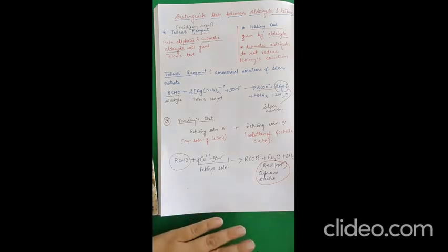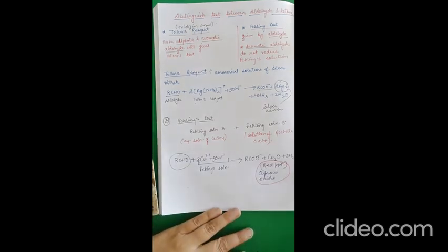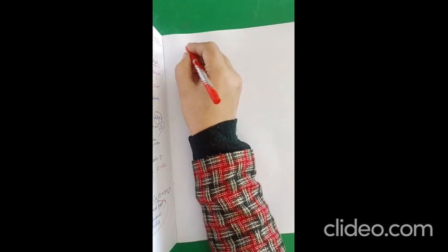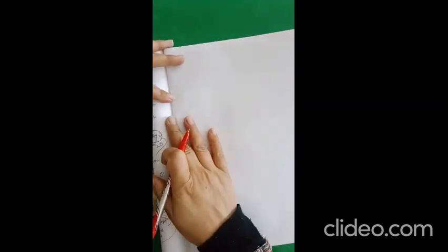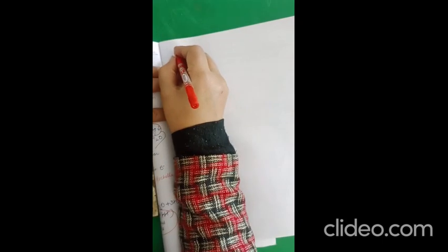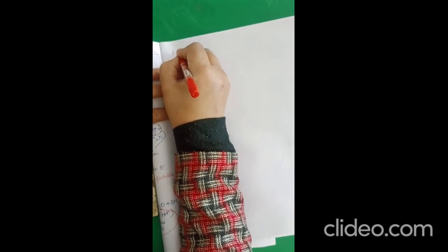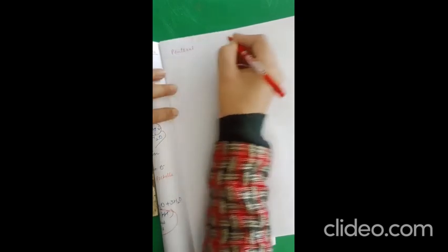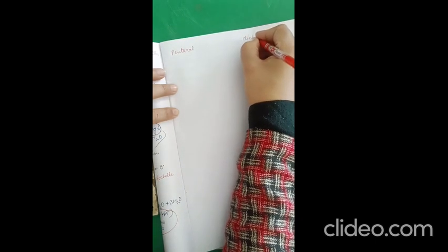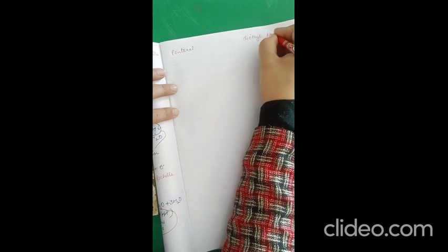Now let us take one example of how to apply the Tollens test and Fehling solution test. Two compounds are given to us. Suppose we have pentanal, and second we have diethyl ketone.